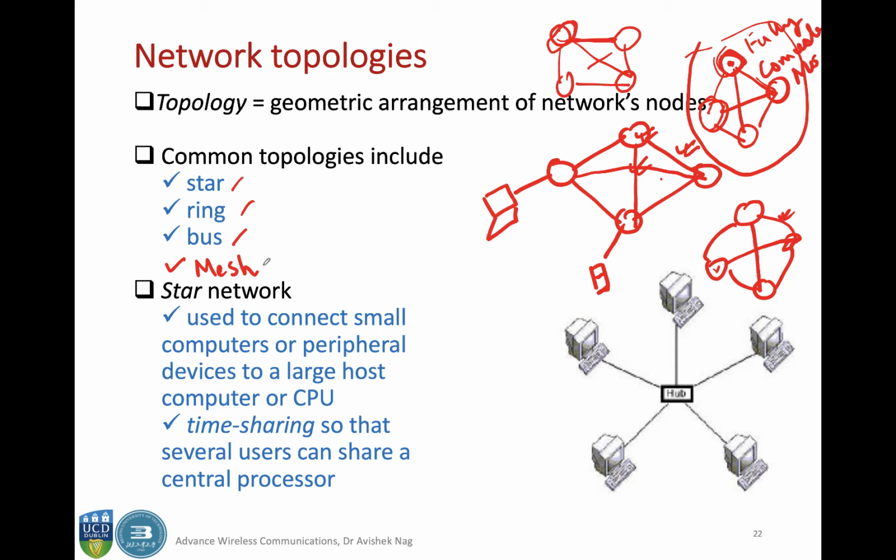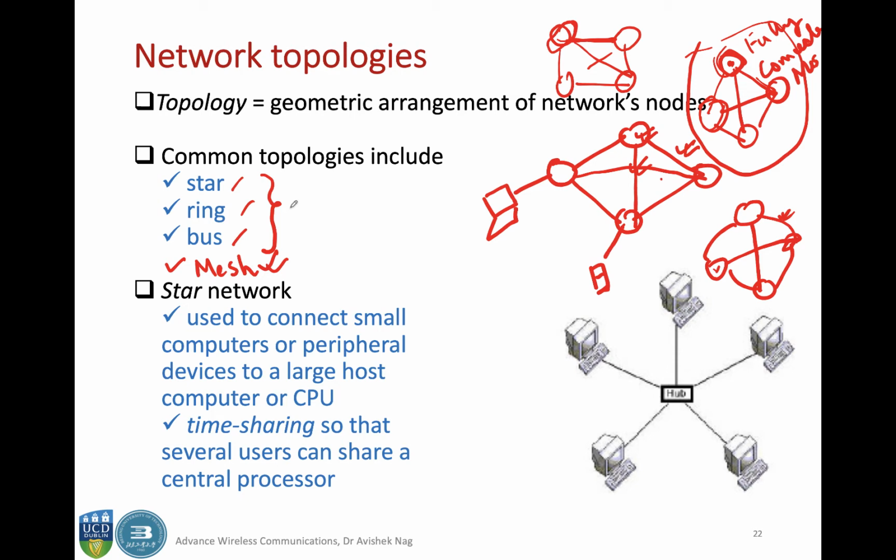Most of the large countrywide networks are mesh in structure, and we can have simplified networks like bus, ring, and star also. We are not discussing mesh in this particular set of slides, but only star, ring, and bus. But it's good to know what a mesh is.